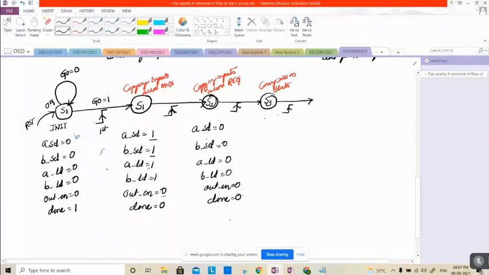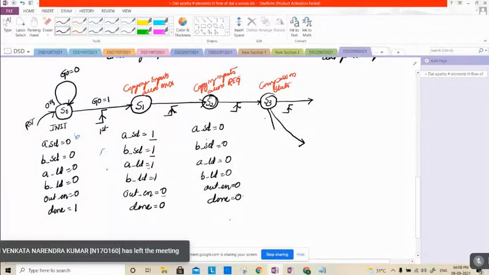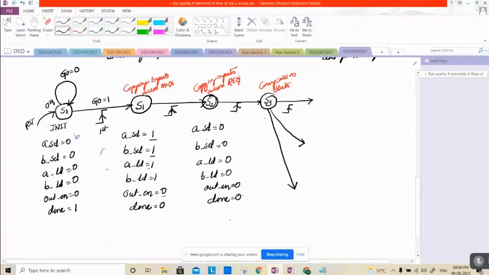After comparing, we will be getting 3 different outputs. After comparison, we will know the value of A greater than B, A less than B, and A equal to B. Now tell me, what should be the values of the selection lines and the load lines across state S3?